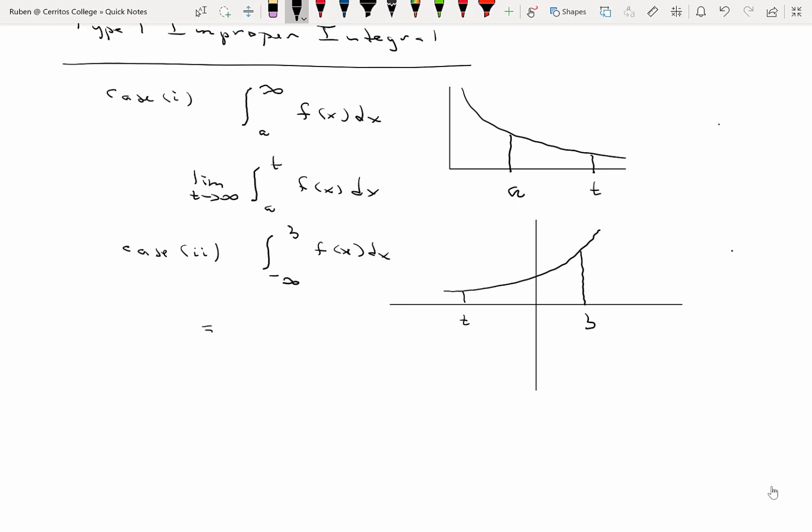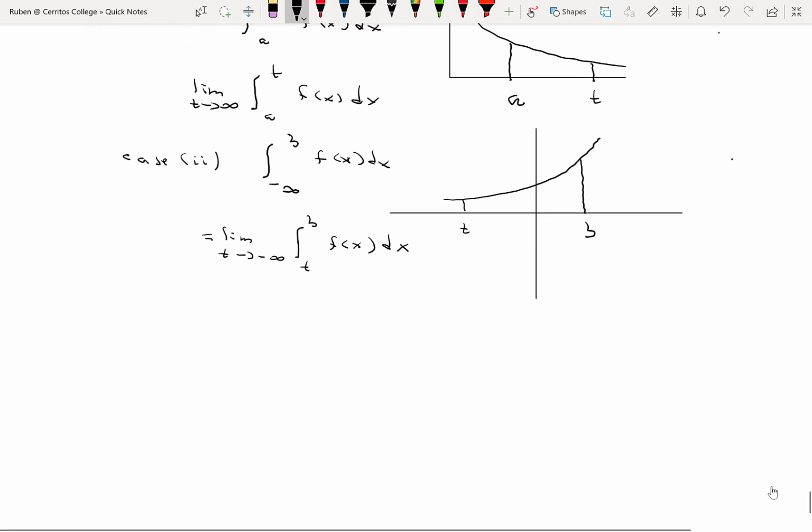So this second case would look like the limit as t approaches negative infinity of the integral from t to b of the function. So again, we evaluate the integral from t, some number less than b, to b, and then we evaluate that integral and finally let the lower limit of integration approach negative infinity.